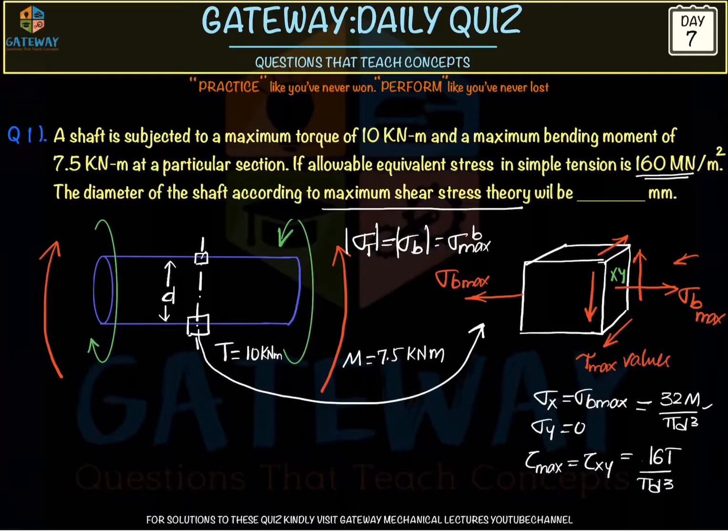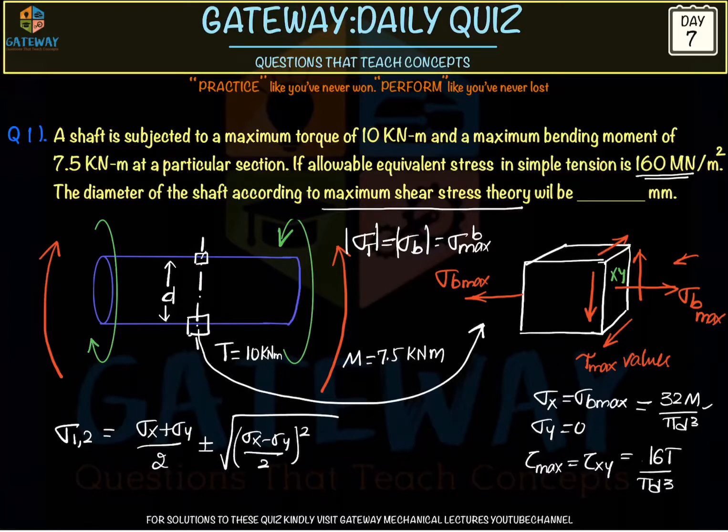Generally the principal stresses are given by sigma 1,2 equal to (sigma x plus sigma y) by 2 plus or minus the square root of ((sigma x minus sigma y) by 2) whole squared plus tau xy squared. Here we know the values of sigma x and tau xy, and sigma y is 0.